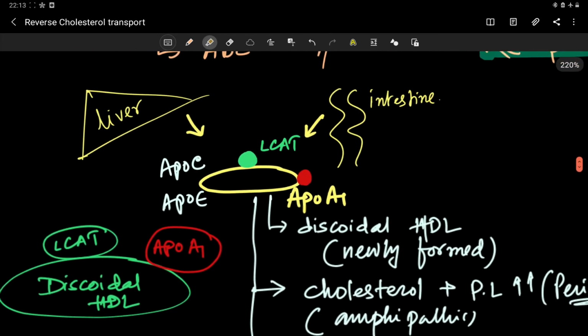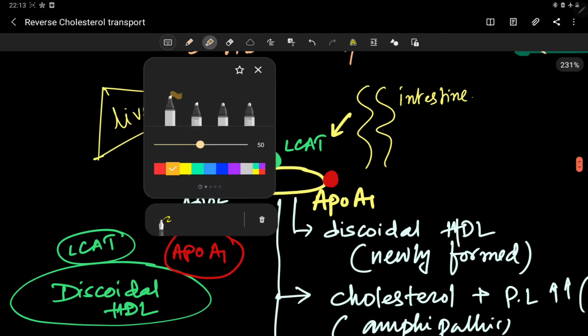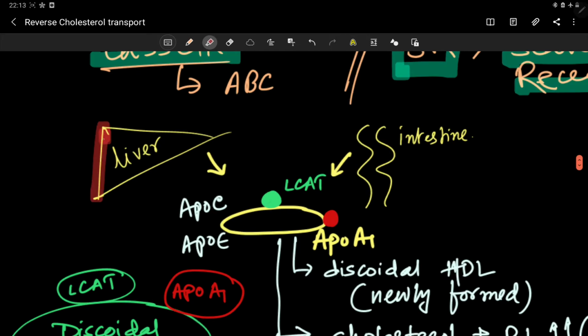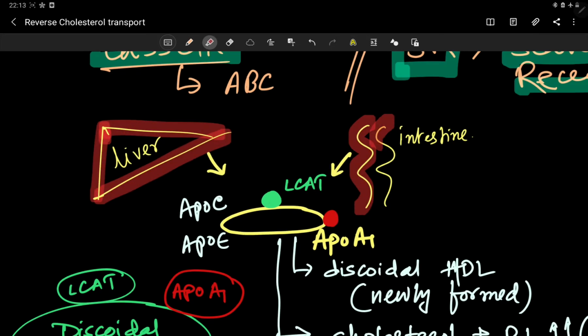So here you can see the liver. Let's talk about the reverse cholesterol transport. When I'm talking about the reverse cholesterol transport, first this is liver, and you can see this is your intestine, from where your HDL is synthesized. So first of all, your HDL is synthesized from your liver. You can see here is your liver and here is your intestine, and your HDL is synthesized from these two organs.